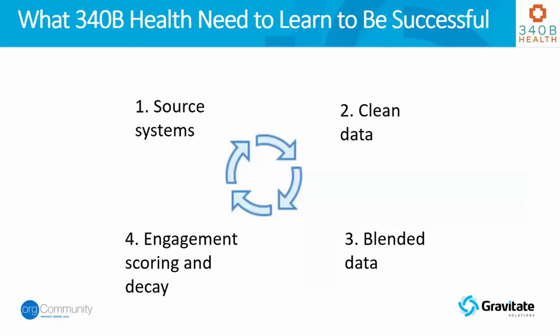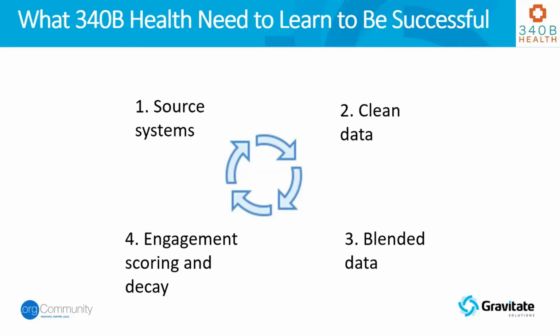There were certain things that we needed to understand and learn about our organization and ourselves, though, before we could really embark on a data analytics initiative. So we really needed to first identify what source systems we wanted to pull data from. We had to determine if the data was clean, and what was the best way to clean it, and then keep it clean after that. We had to determine how to blend the data.